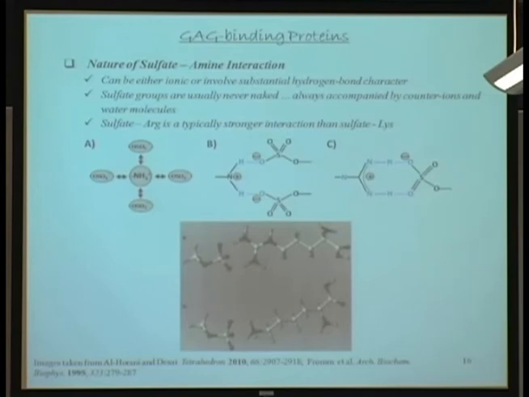This is perhaps the best in terms of engineering specificity. If we are able to utilize one sulfate, and in antithrombin this is actually the case, that recognizes an arginine such that the bond angle is 180 degrees, this has very high hydrogen bonding character, and that generates specificity.